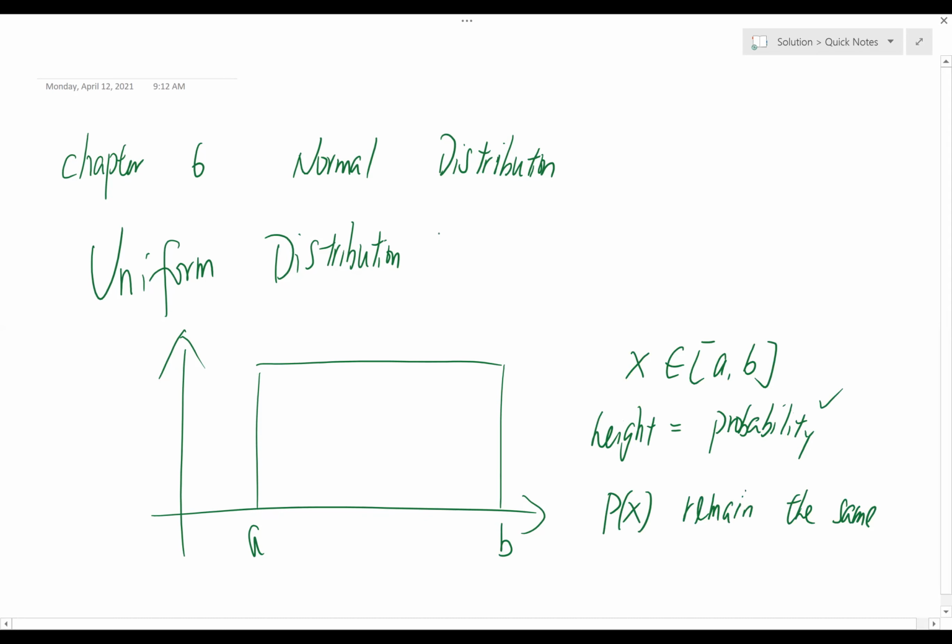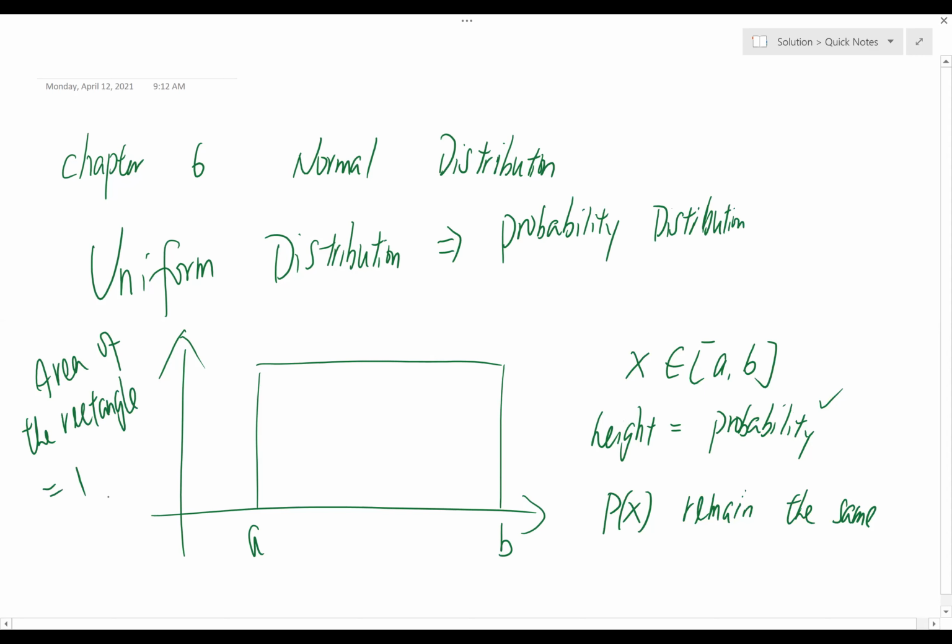A uniform distribution is a special type of probability distribution. That means the total probability under the rectangle will be 1. So the total area of the rectangle equals 1.